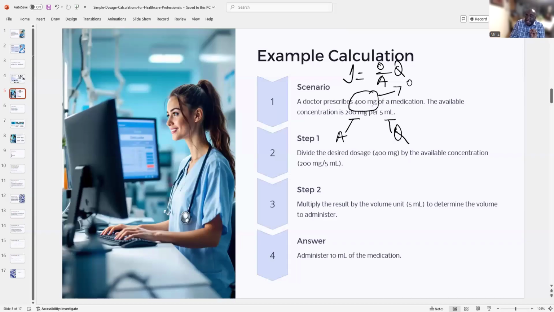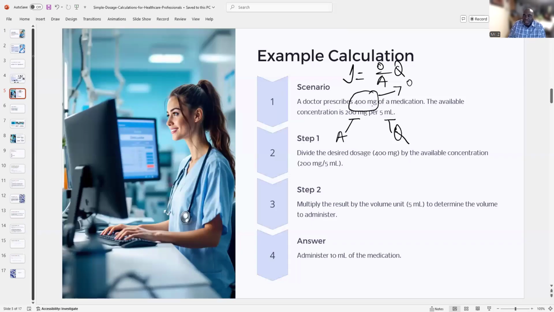If over there I have gram and here I have milligram, you will have to convert milligram to gram or gram to milligram before you can apply your formula. Once again, I will repeat that for you to understand. Before you can apply any formula, you have to make sure your order and your available are within the same unit.